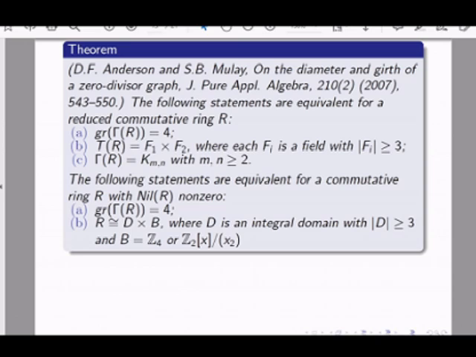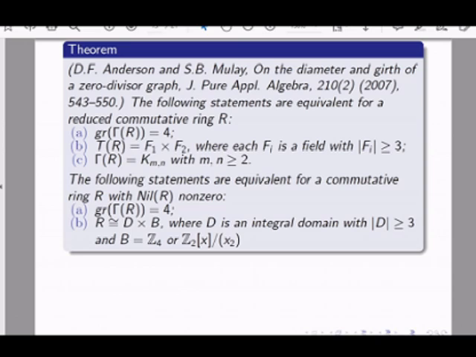So here is one result, kind of nice. If you have a reduced commutative ring, what do we mean by reduced? 0 is the only nilpotent element. That means x to the n equals 0 implies x has to be 0. That's what we mean by reduced.